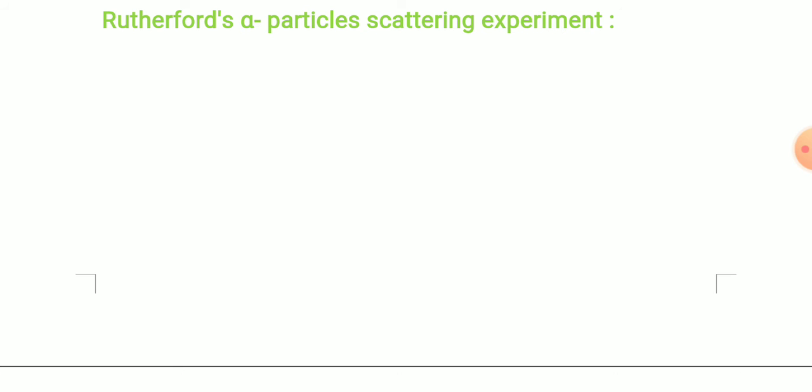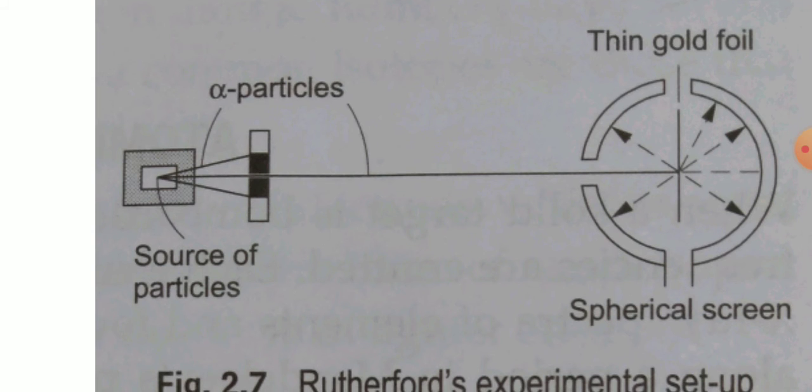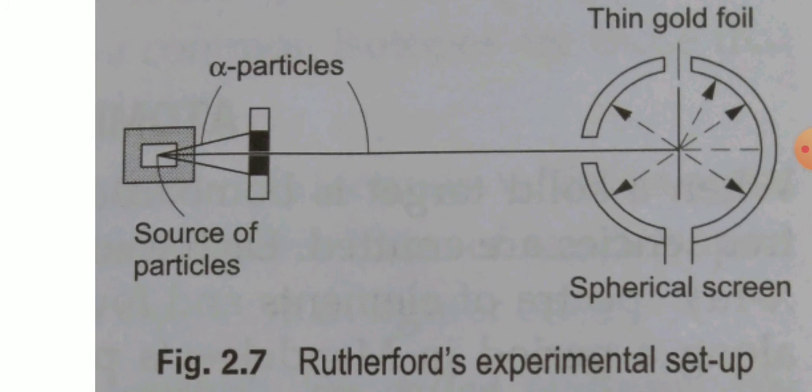So now you have to read about Rutherford's alpha particle scattering experiment, which you have already studied in class 9. This was the Rutherford experimental setup.